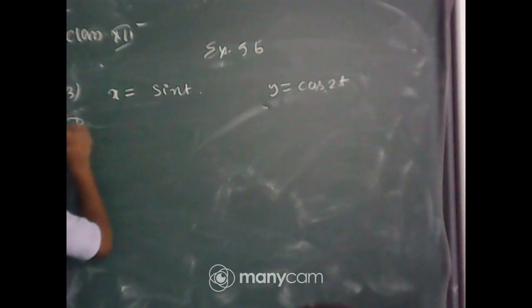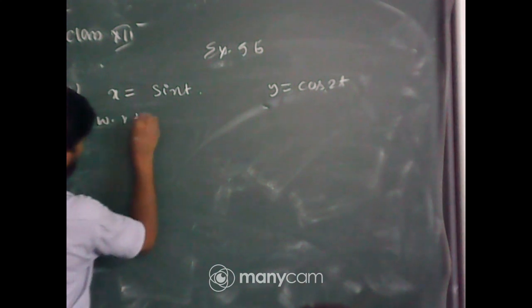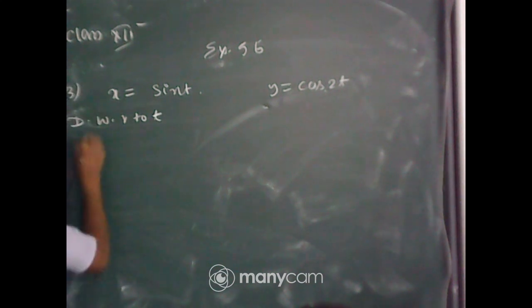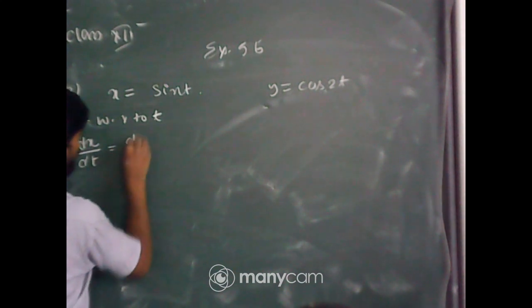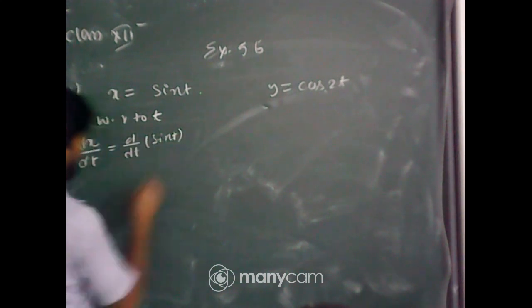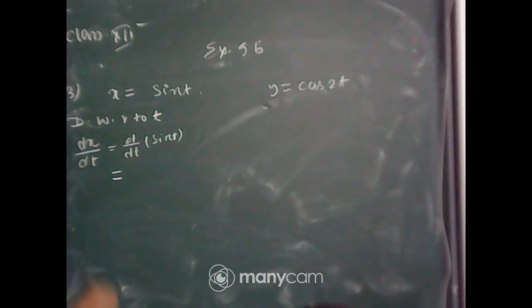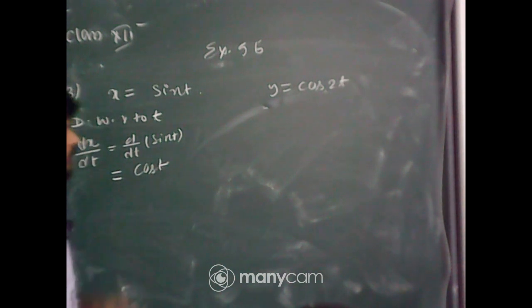So first differentiating x with respect to t, we have dx/dt, that is equal to d/dt of sin t, and we know that the derivative of sin t is cos t.